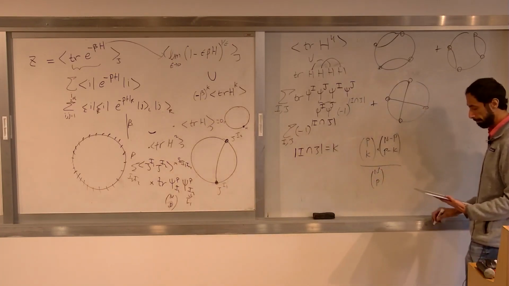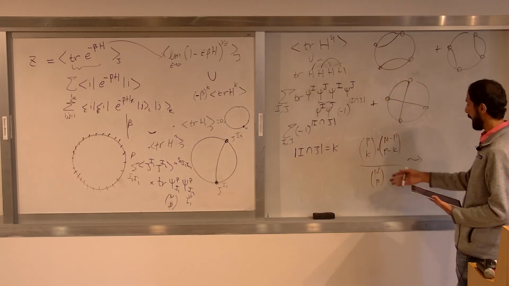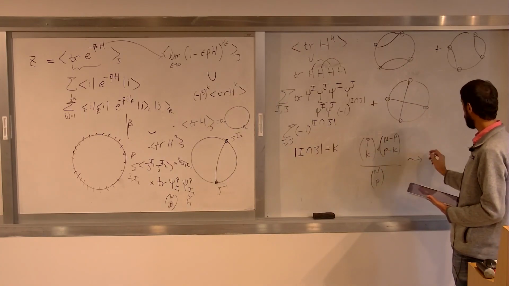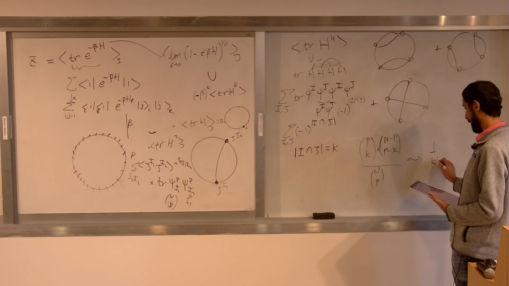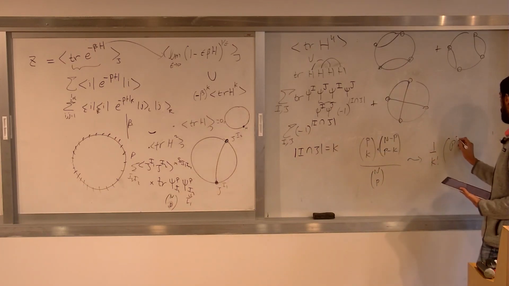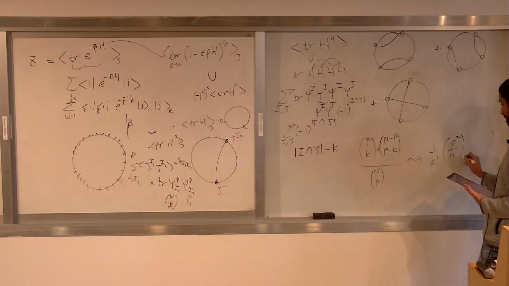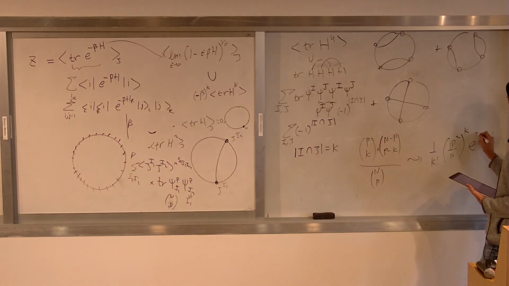That's n choose p, and then you can show in the large n limit that this is just 1 over k factorial, p squared over n to the k, e to the minus p squared over n.